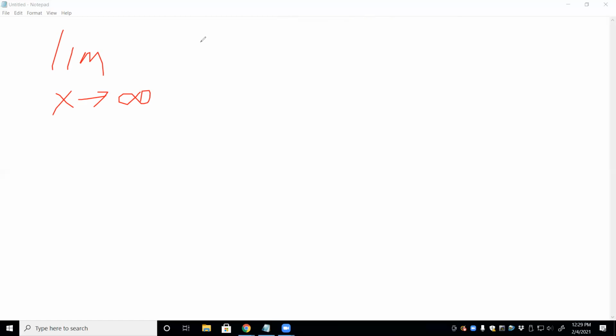So the square root of 10 plus 5x squared all over 4 plus 10x. If there was no square root in the numerator, what would the limit be?